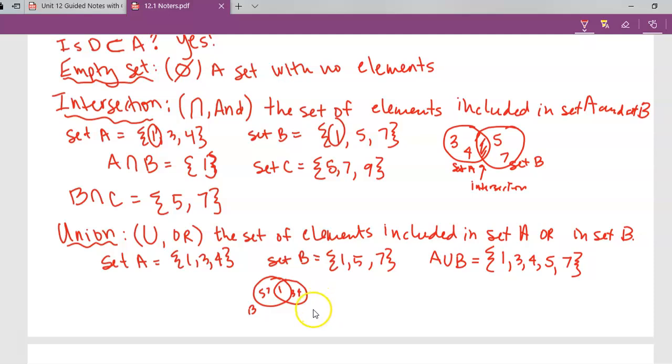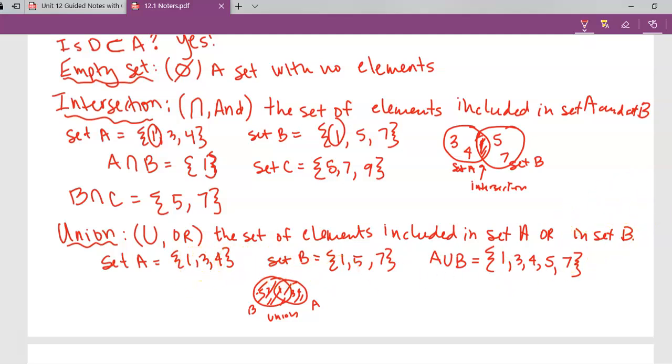So this is B and this is A. Okay, the union would be all of it, right? Every part of it, whether it intersects or whether it's in the part by itself. The union is all of it together, whereas the intersection is just the part that overlaps, right? The one within here. So that's the difference between the two.